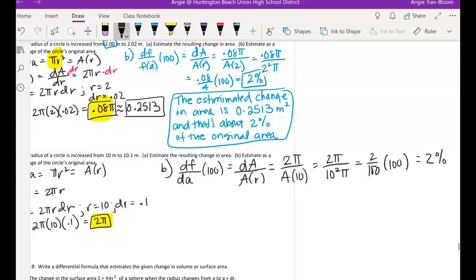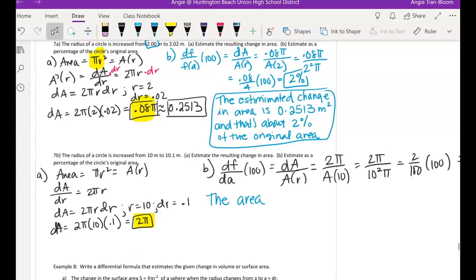Okay. So here we go. The final complete sentence. The area, as you can see, the dA changes to 2 pi.